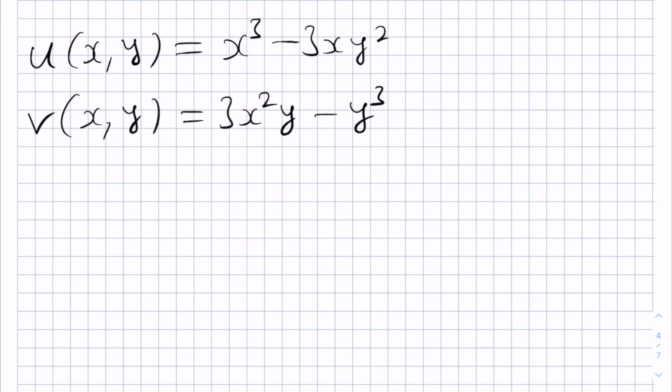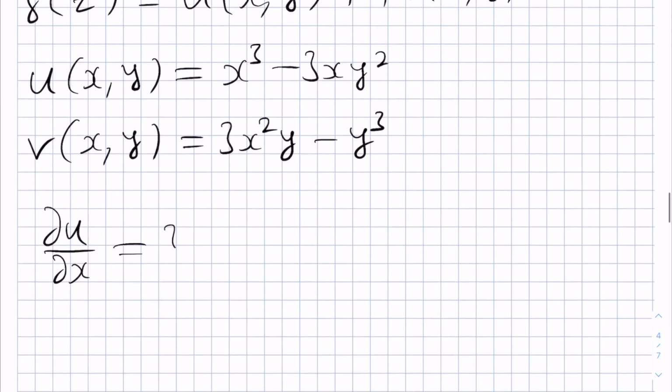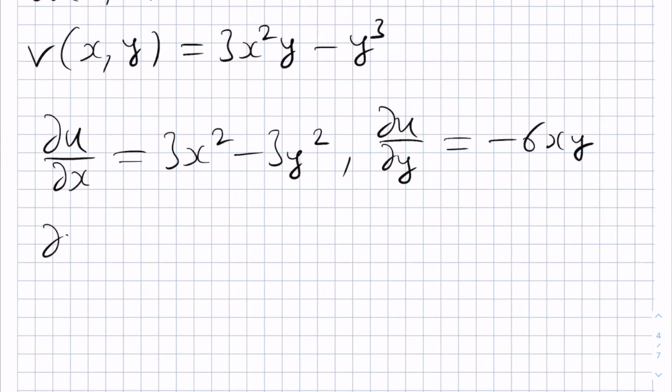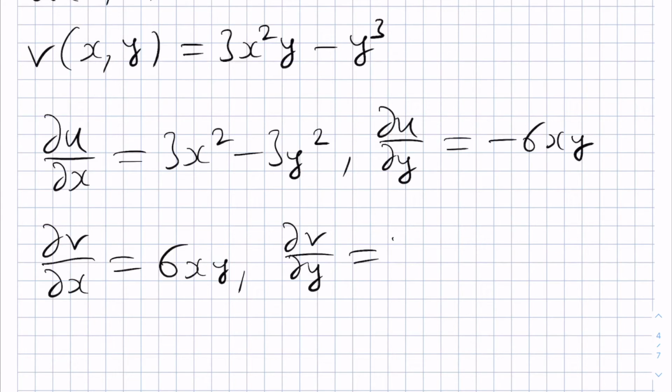So we start by looking at du/dx, for example. This will be 3x squared minus 3y squared. Then we can do du/dy, which gives us minus 6xy. Next we look at v, so dv/dx is 6xy, and then dv/dy is 3x squared minus 3y squared.